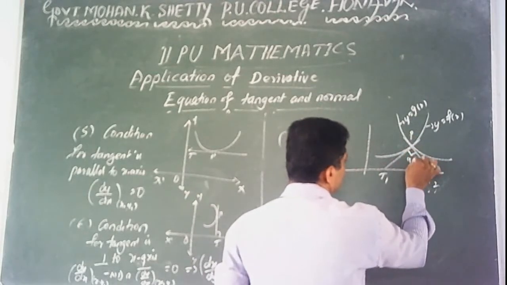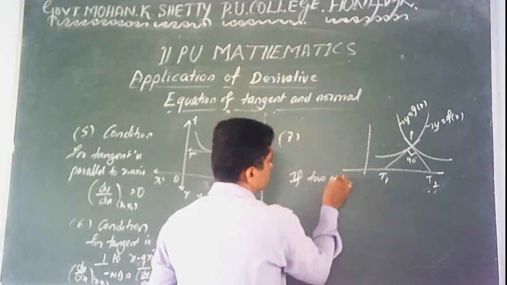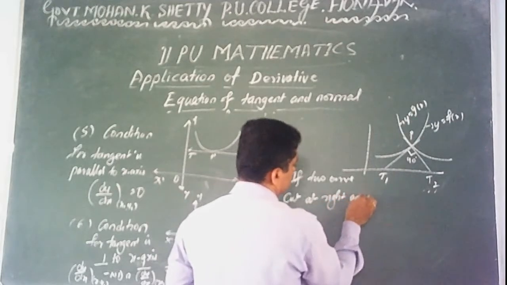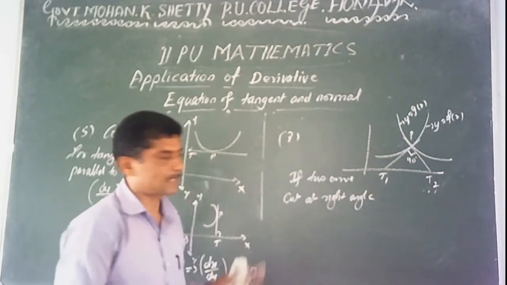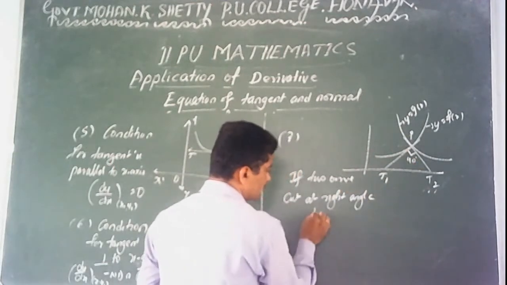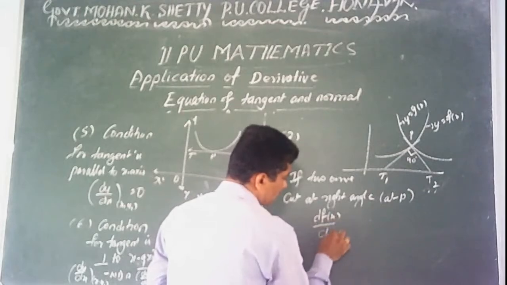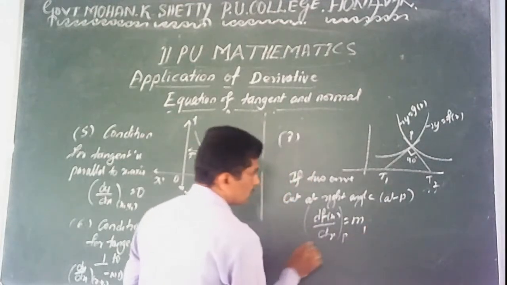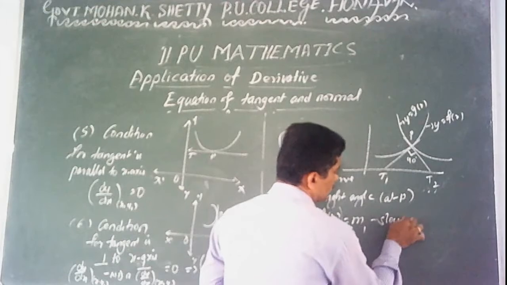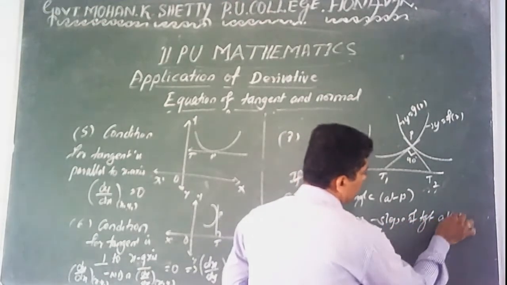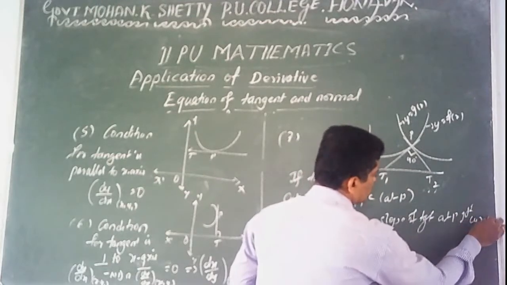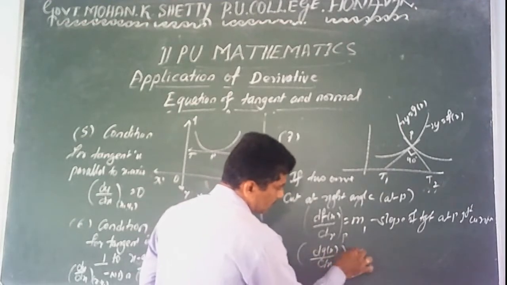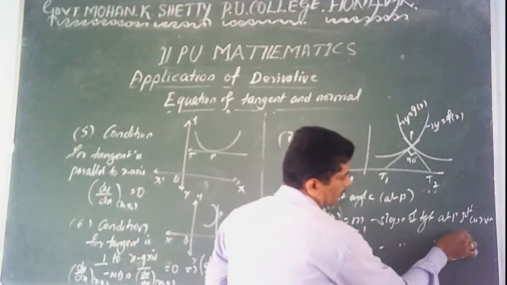This is 90 degrees. If two curves cut at right angles at P, then m1, the derivative of f of x with respect to x at the point P, is the slope of the tangent at P to the first curve, and the derivative of g of x with respect to x at the point P, m2, is the slope of the tangent at P to the second curve.